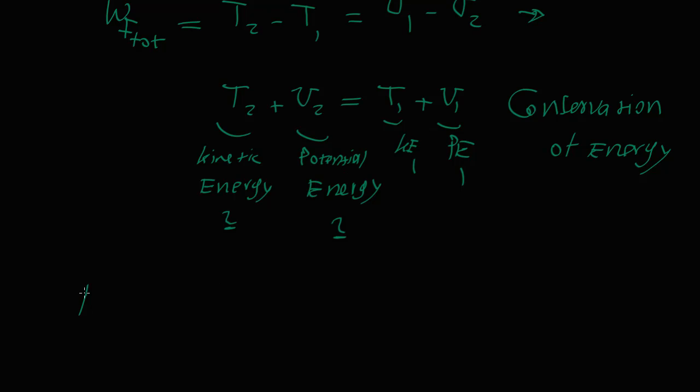If we show that energy with T plus U, we get E1 is equal to E2. The energy of the system doesn't change when it goes from point 1 to point 2 if the system is conservative. This is a very useful concept in solving problems. If we have a conservative system, we can write down the conservation of energy for it and find the unknown quantity in the problem.